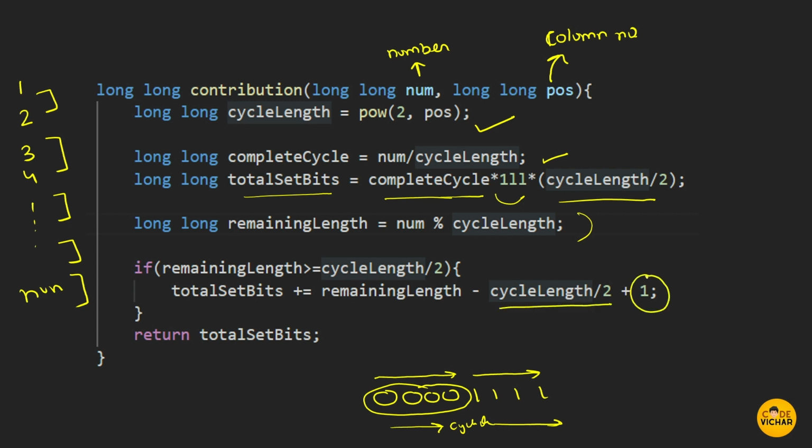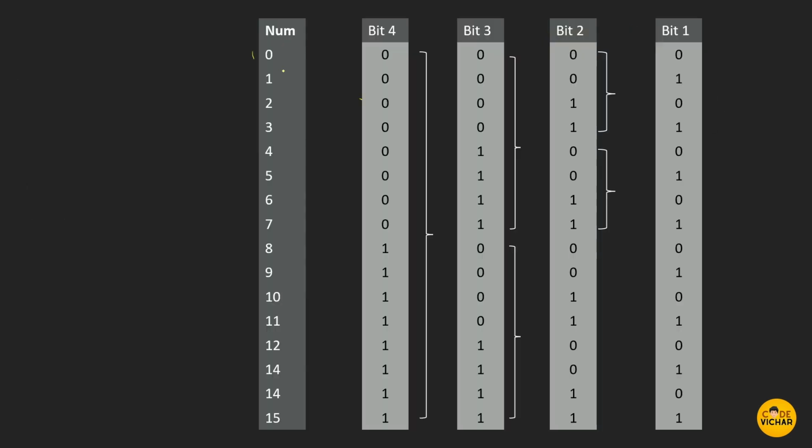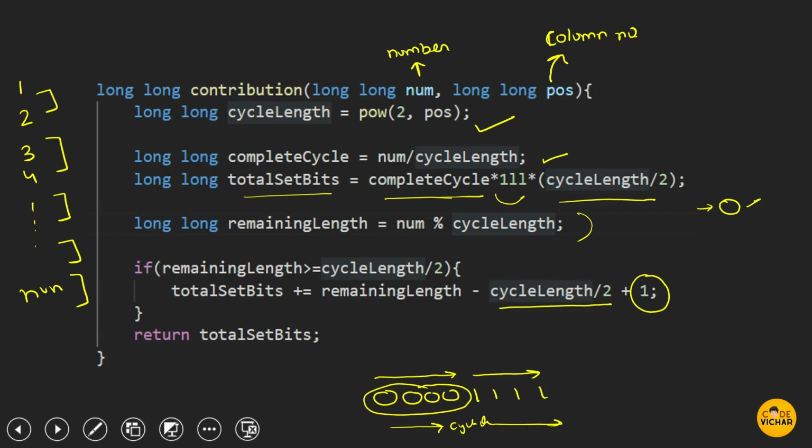And why are we adding one? We are adding one because the cycle has started from num 0, and num 0 is the first element, and num 1 is actually the second element. So we add 1 to our total set bits because there is a bias of 1 because of 0. In this way we can get the total set bits in a particular column up to number num.